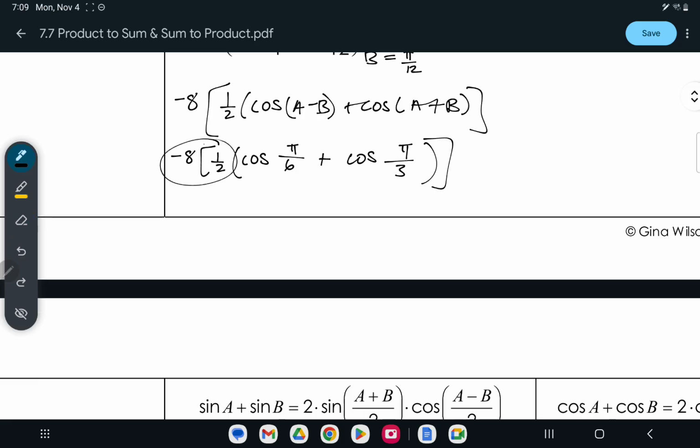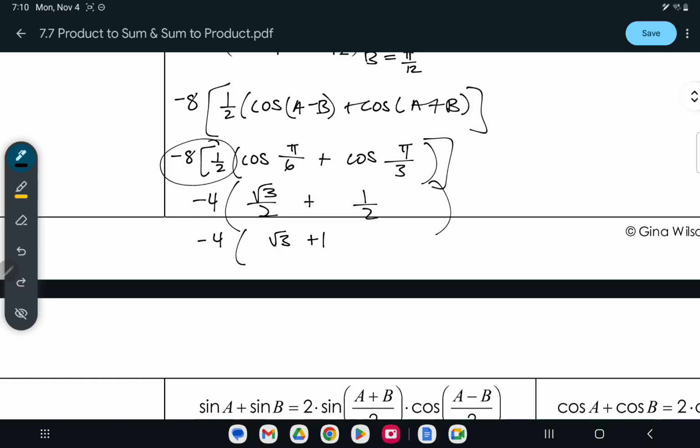All right, I can combine these. Negative 8 times 1/2 is a negative 4. And now I can get these. Let's see. Cosine of pi over 6 is root 3 over 2. And cosine of pi over 3 is 1/2. So I can combine that into one fraction.